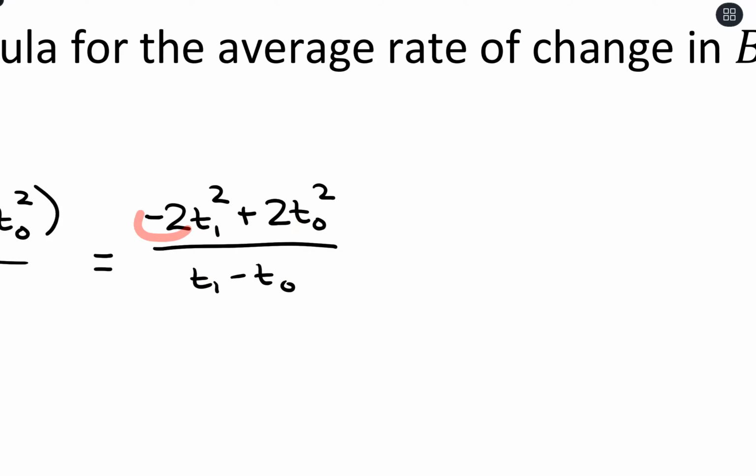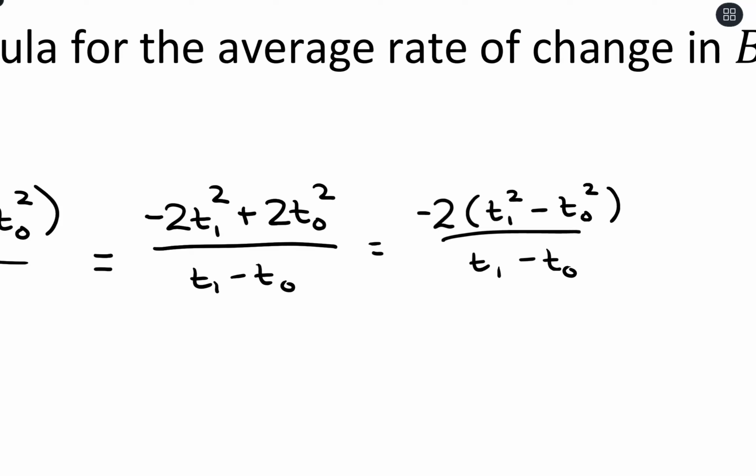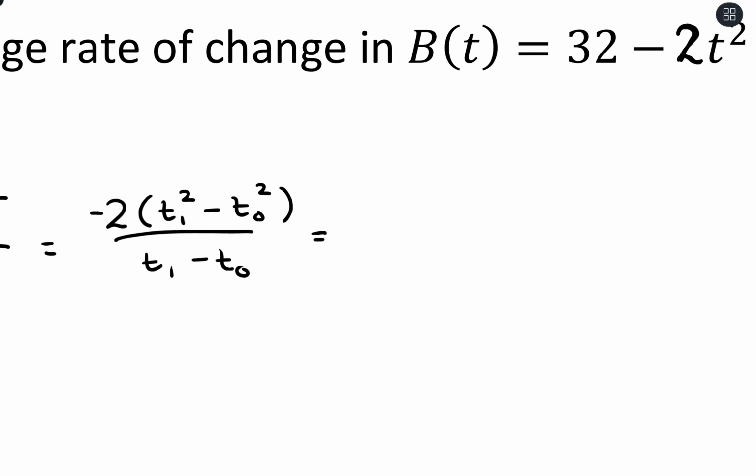So instead I'm going to factor out a negative 2 in the numerator. So negative 2 coming out of there, and I have t1 squared minus t0 squared. And I have a nice difference of squares there.